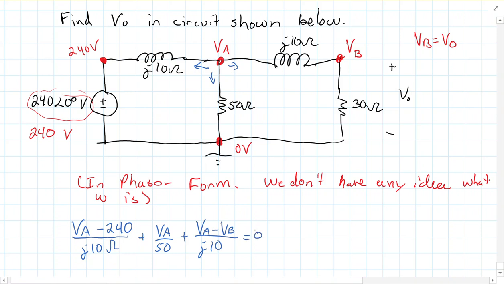And this is equal to 0. Now, I am going to simplify that in a second, but because I'm going to have to scroll past the circuit here, that's my node equation there.